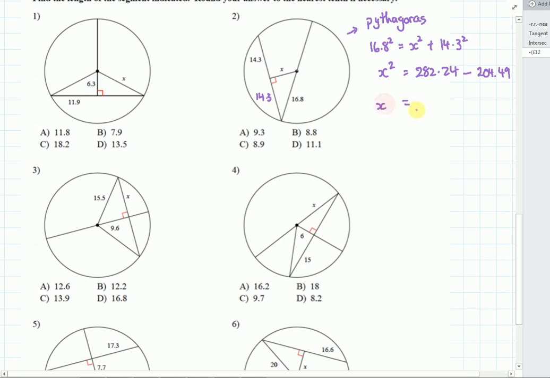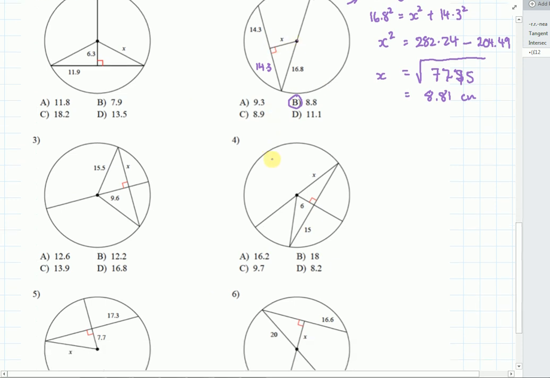So x is the square root of that answer, the square root of 77.75, which is 8.81, which in this case we round to 8.8. So we've worked out the distance of the chord from the centre point.